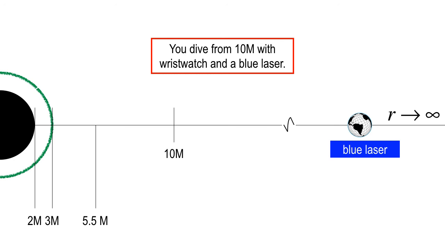And over here I put a globe of the Earth and r going to infinity. There's a little squiggle here to mean that that's where the scale or the axis breaks, and we take a chunk of the axis way out where Earth is. Okay, so there's a little break there, right where that squiggle is.